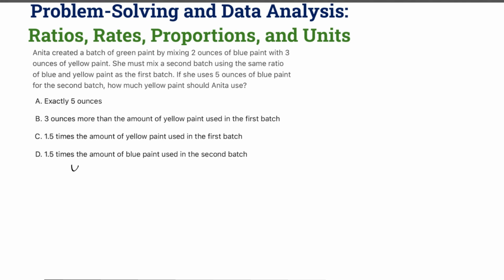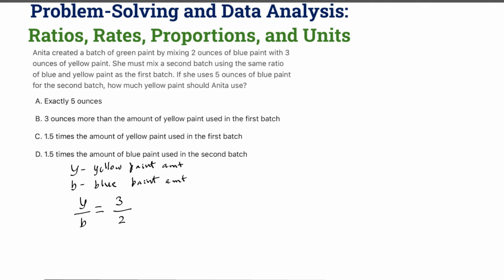So if Y is the yellow paint amount and B is the blue paint amount, we can find the ratio of Y is to B, or Y over B, which is going to be equal to the 3 ounces of yellow paint by the 2 ounces of blue paint.